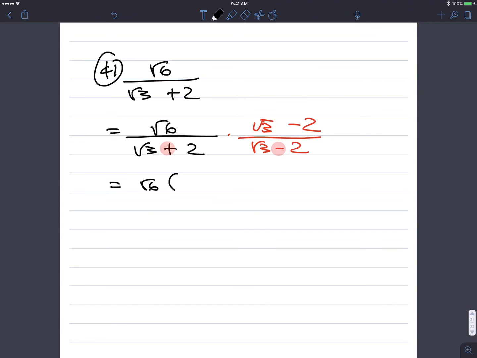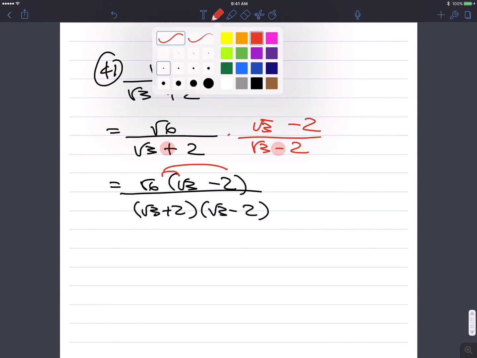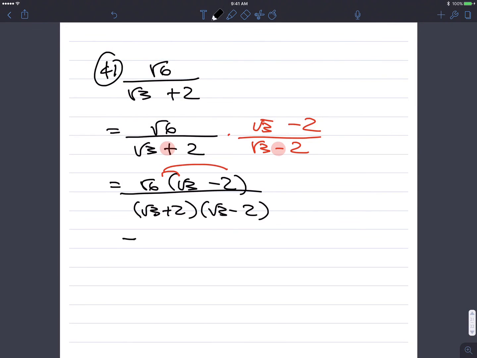Square root of 6 times the square root of 3 minus 2, over the square root of 3 plus 2 times the square root of 3 minus 2. In the numerator, distribute: square root of 18 minus the square root of 12.